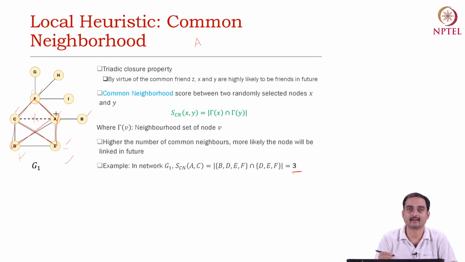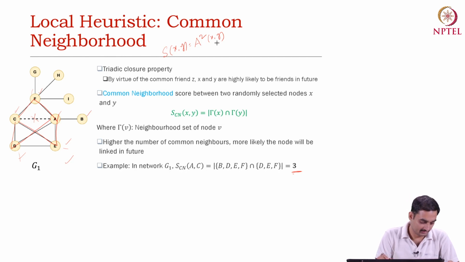How do we measure the number of paths of length 2? We just multiply A with itself, A squared. The similarity between x and y is the xth, yth entry of the A squared matrix. So this is common neighborhood.